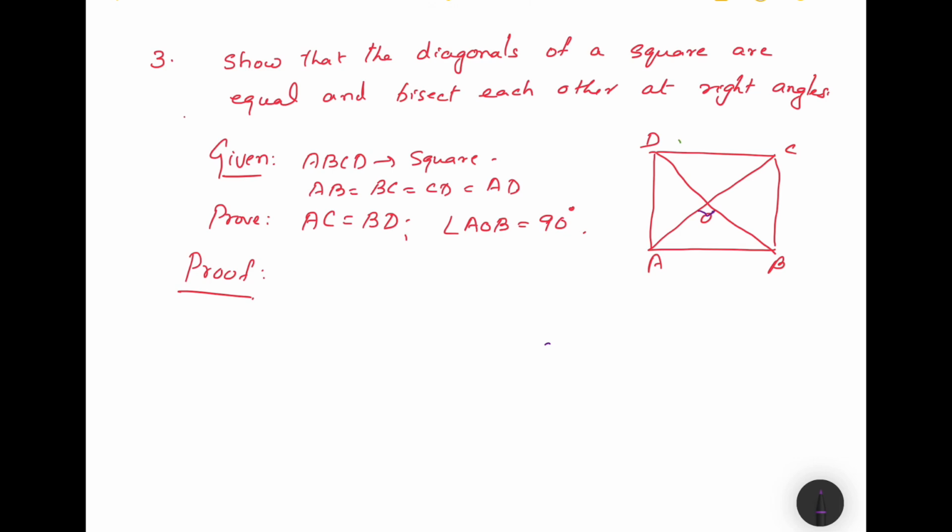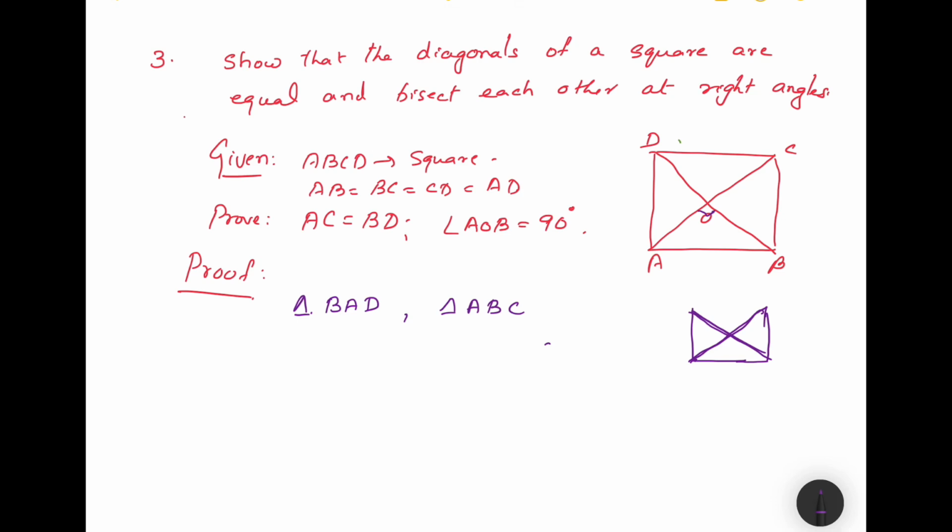Now, to prove the diagonals are equal, you have to take triangle BAD and triangle ABC, that is, the triangles like this. You have to consider the triangles where these diagonals are there, then only can you use CPCT.